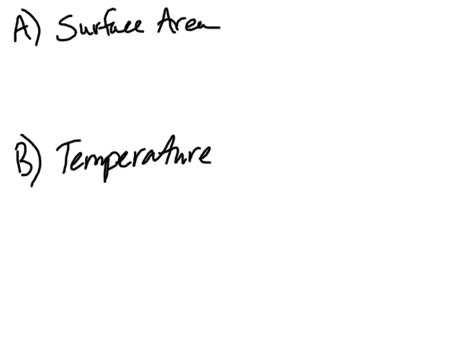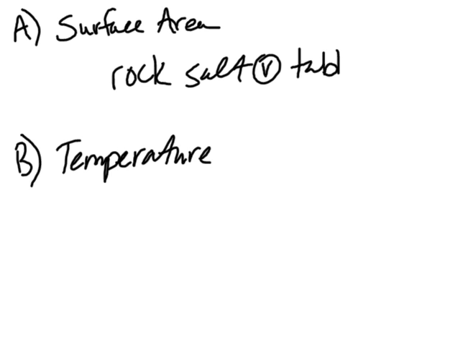So with the surface area, pretty much what we're looking at is rock salt versus just regular table salt. Obviously, we're going to be dissolving rock salt, we're going to be dissolving table salt, and you're going to be using the stopwatch to find out how long it takes to dissolve equal masses of table salt and rock salt.